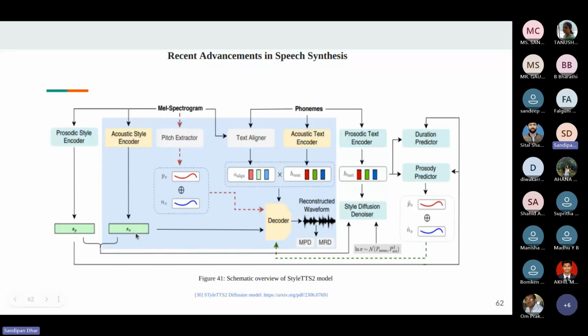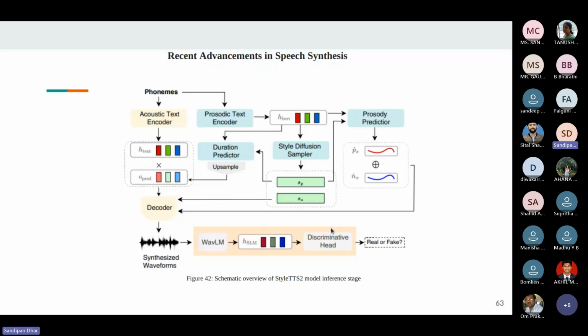See, earlier the model was getting as input the prosody embedding SP, the acoustic style embedding, as well as the prosodic text encoding. Three pieces of information it is getting: H BERT, SP, and SA. Once it is trained, then given a new H BERT, it is trying to approximate the corresponding SP and SA.